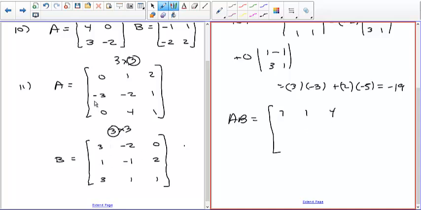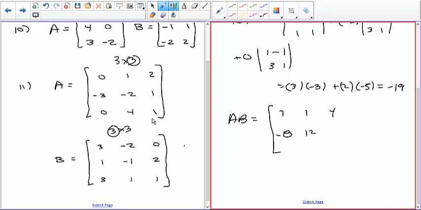Then you take the second row, first column, so you'll have negative 9, negative 11, negative 8. Then you take second row, second column, you're going to have 6, 8, 12.